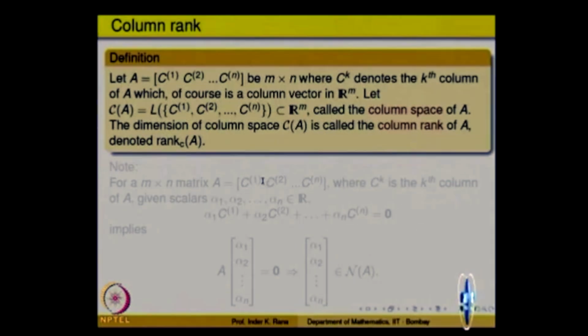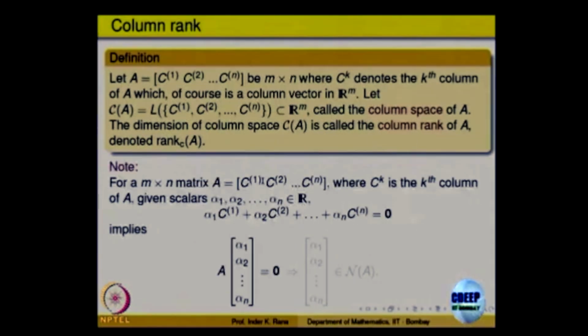So these are the two subspaces, and they play some important role. We will see what role they play. But just one observation here: once we have written a matrix in column form, if we take a linear combination of those column vectors of the matrix A and set it equal to 0, then that automatically implies that A applied to the vector (alpha 1, alpha 2, ..., alpha n) is 0.